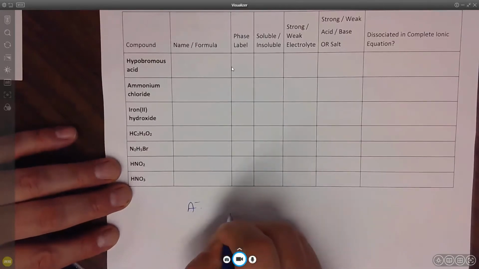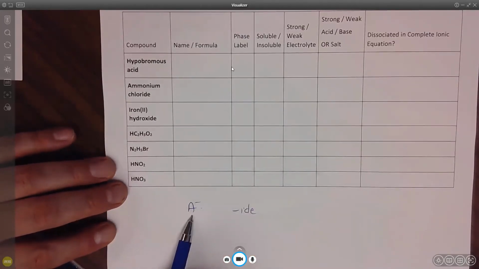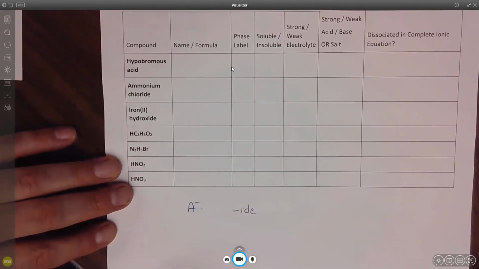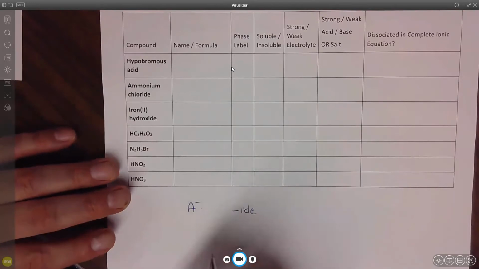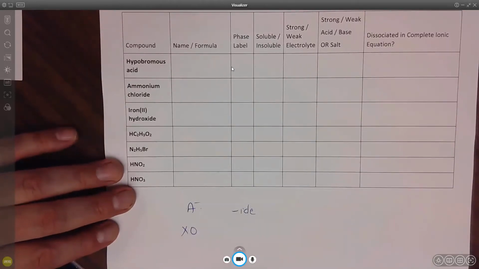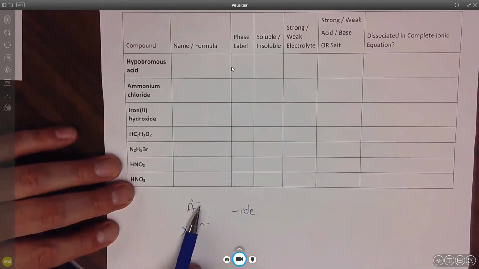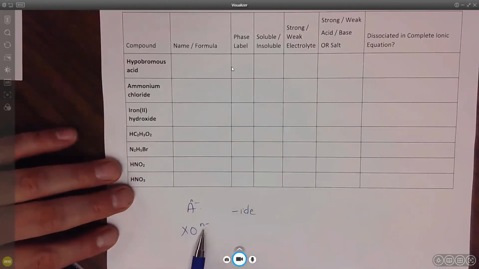They either end in IDE: chloride, cyanide, sulfide, oxide. They all end in IDE. If it is an oxygen-containing polyatomic ion, and again, who knows what this charge is? 1, 2, 3, -1, -2, -3, same thing here.